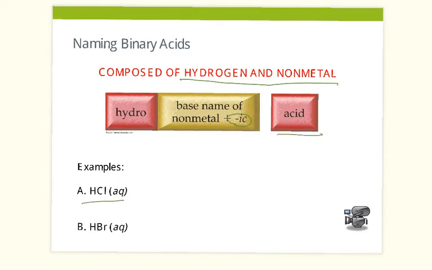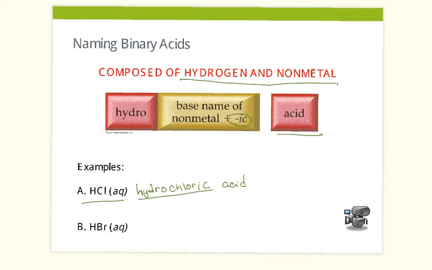So here, HCl, stomach acid: since it's binary and it starts with an H, we say hydro, and then we write the base name for our chlorine, which is chlor, and then instead of writing chlorine, we write chloric. So hydrochloric acid.